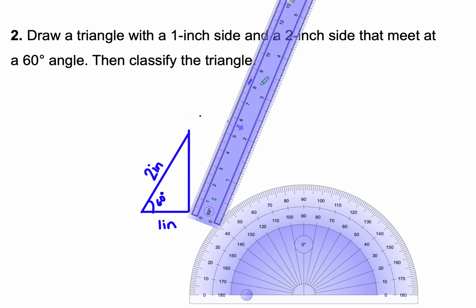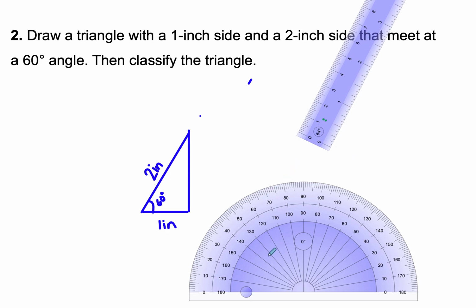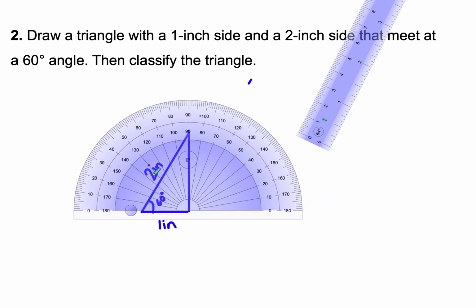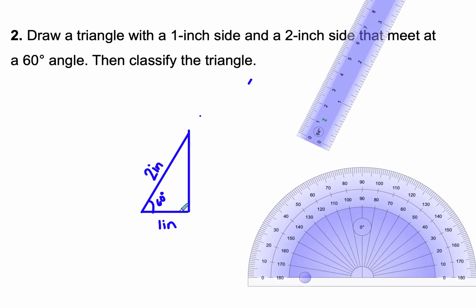Then I need to classify. That looks like a right angle to me that I just drew, so let's double check it. Yep, that's a perfect right angle, this one right here. So I'm going to have a right triangle, and this one is a scalene because none of the sides are the same.